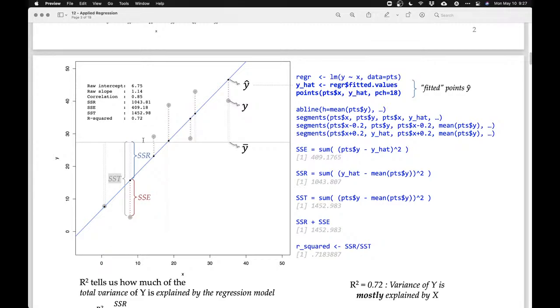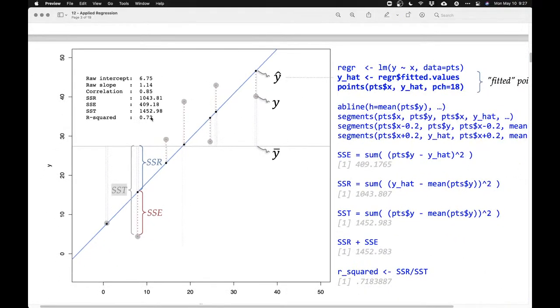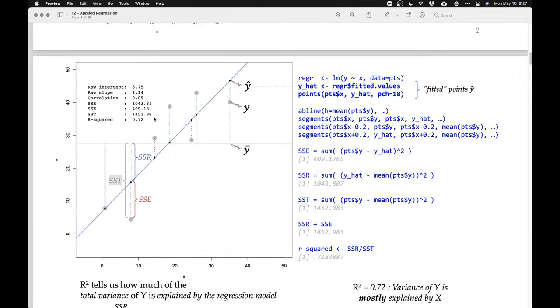Gentleman sitting somewhere over there, I think. What is a healthy R squared? Well, what if I told you that 0.7 is one possible definition of a healthy R squared, above 0.7? Any idea why that might be? No? Well, let's take a look at the next slide and we'll come back and ask this question again.